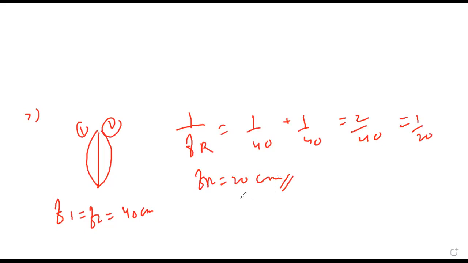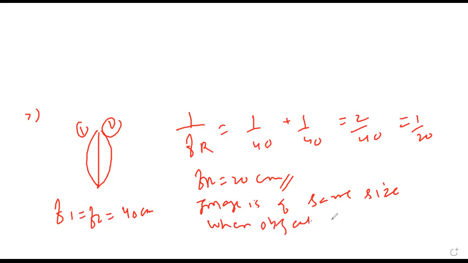We want a real image to be formed of the same size. That is possible when the object is at 2f.